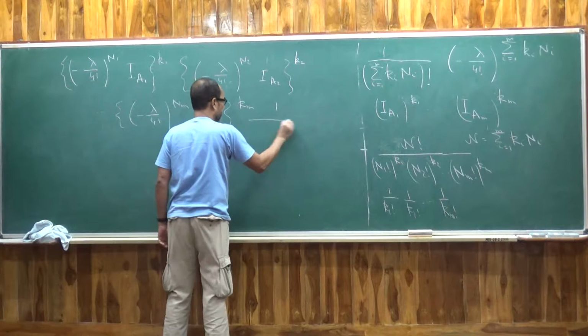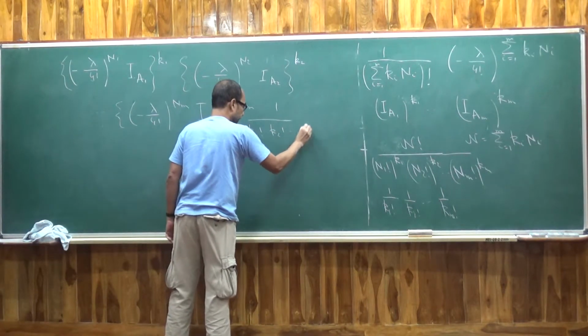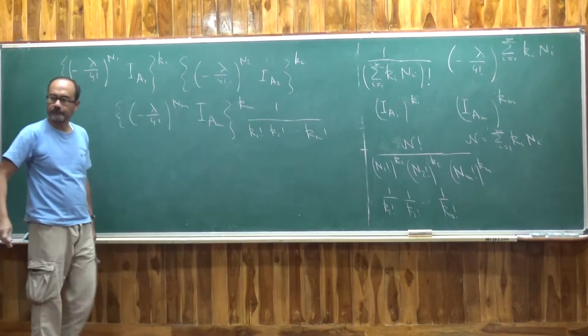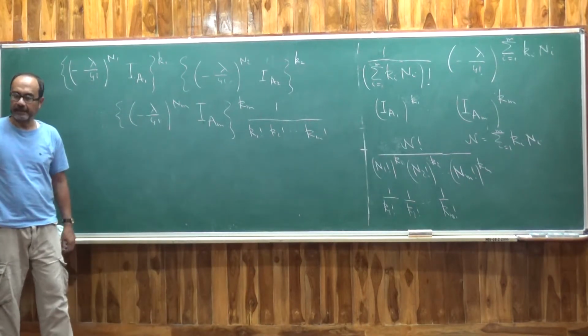Then you have 1 over k1 factorial, k2 factorial up to km factorial. Is this clear? That's what that expression gives.